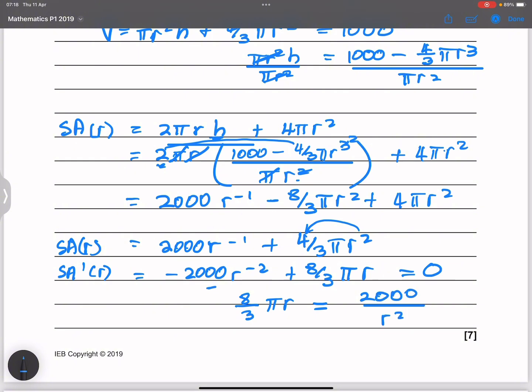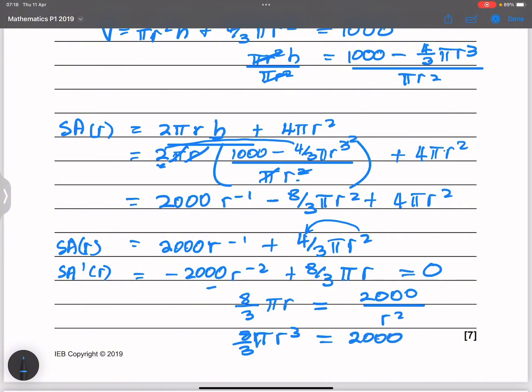Right, so let's cross multiply. Okay, we've got quite some gymnastics to do there. So this will be 8 over 3 pi r cubed equal to 2000.